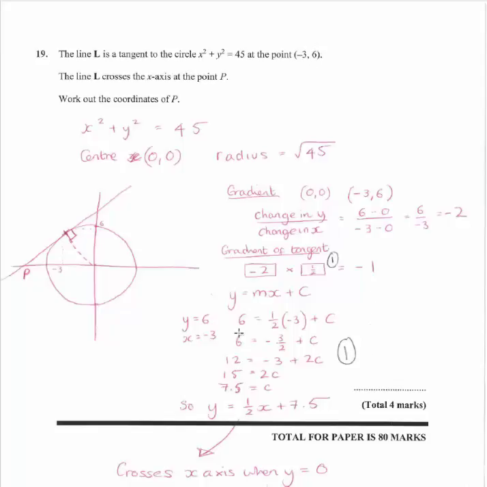So we put in y, which is 6, equals half of -3 plus c. And c needs to make this work. So half of -3 is -3 over 2. Then take that to the other side, work it all through, and you get that c is 7.5. Now we know that the c bit is 7.5. We've got y equals half x plus 7.5, and that is the equation of our line.